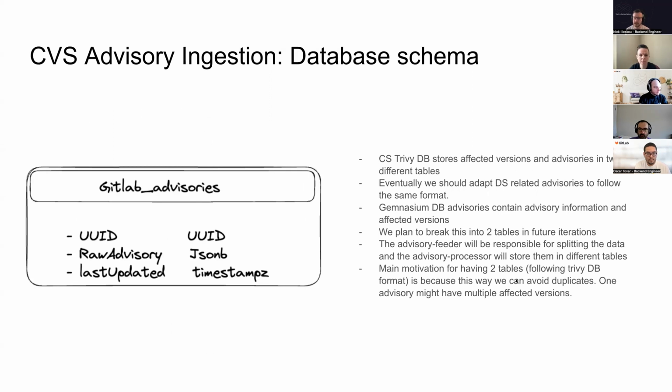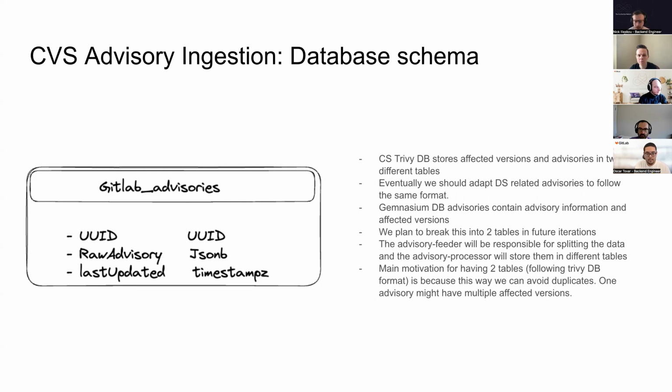When it comes to the database schema, we discussed a lot about this. This is the current schema that we have. So we have a GitLab advisories table, and in there we just have the UUID and the raw advisory, which is in JSONB format.